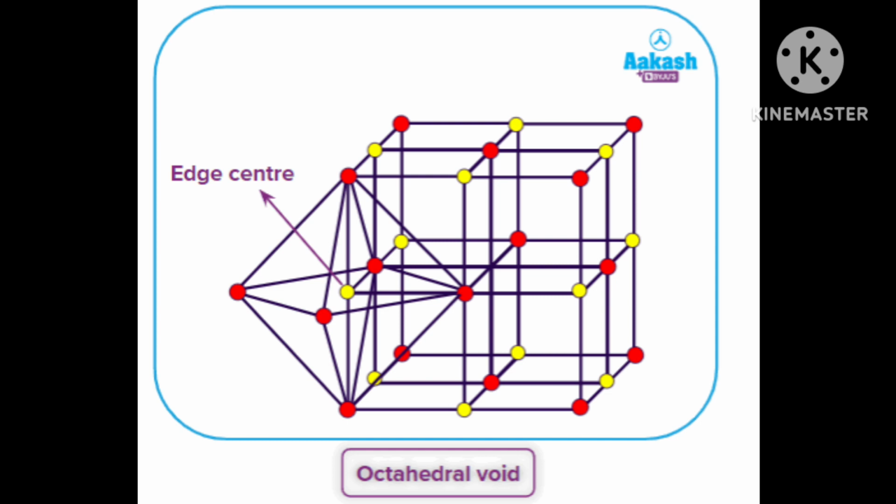Full volume is not occupied by atoms, some gaps are there. So the actual volume occupied by the atoms, molecules or ions is less in comparison to the total volume. This you have to consider.